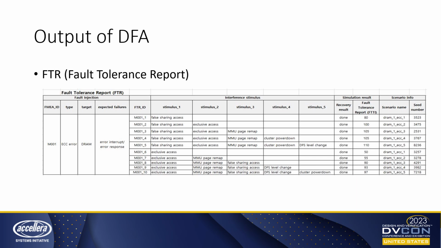And we check that even though this coupling factor was generated and the fault has occurred, we can recover from those failures, and we also make the column for fault tolerance time interval information for our software team.